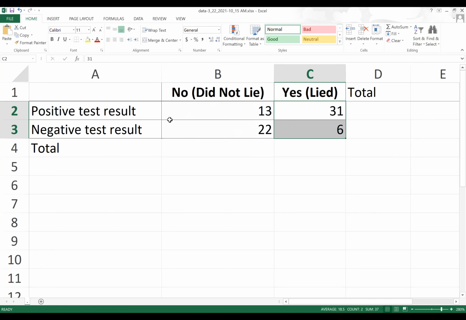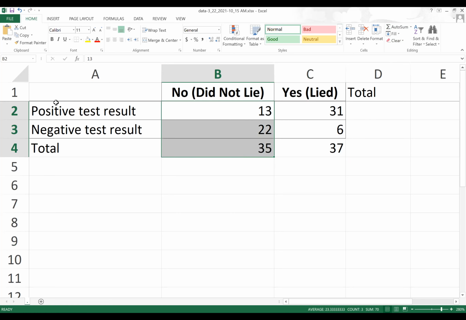So no matter whether they have a positive test result, meaning the polygraph test also indicates they lied, right? That confirms they lied, or they failed to confirm they lied. But just out of 72 people, 37 of them lied, right? So if you sum up this, that's the total people who lied. And the total people who did not lie will be this, 35. You sum up those.